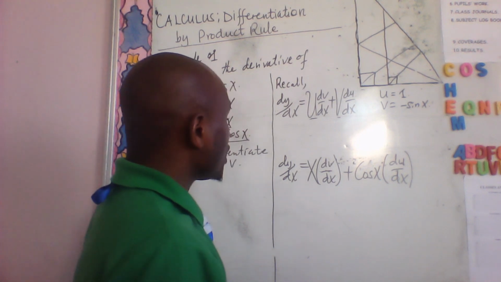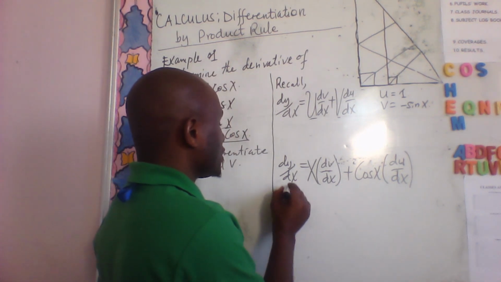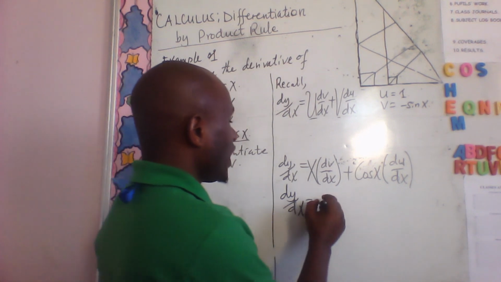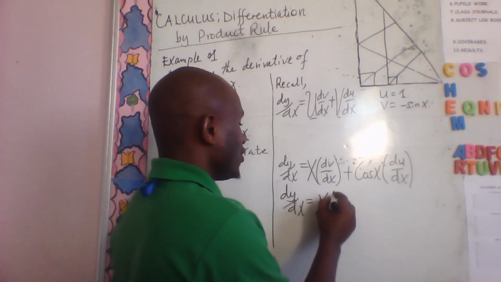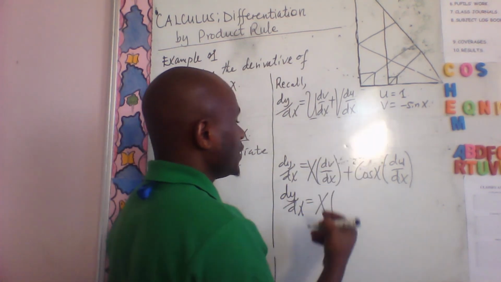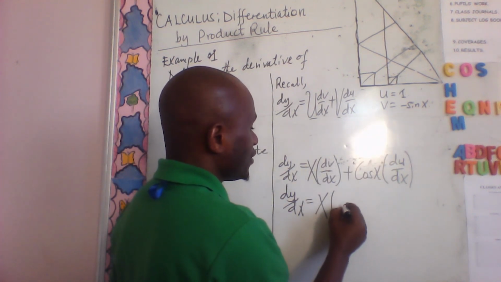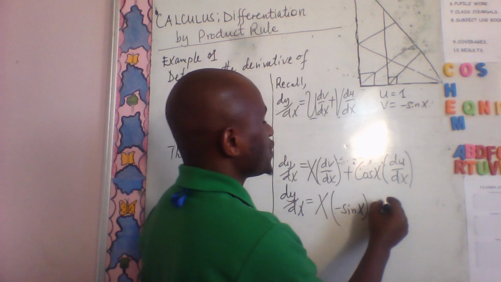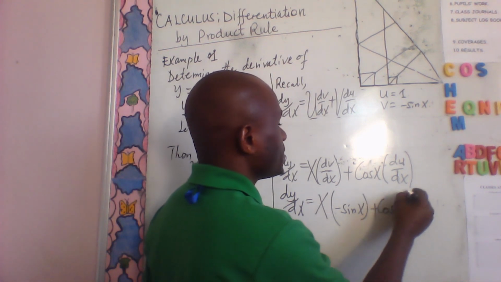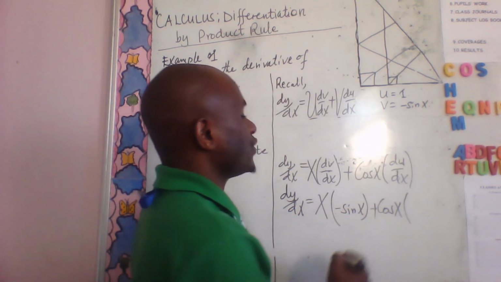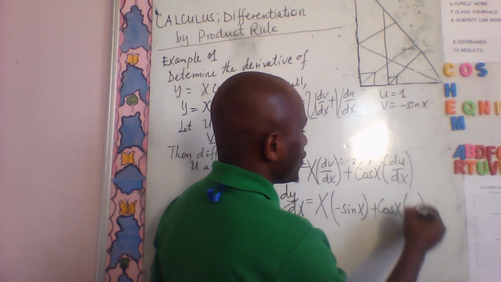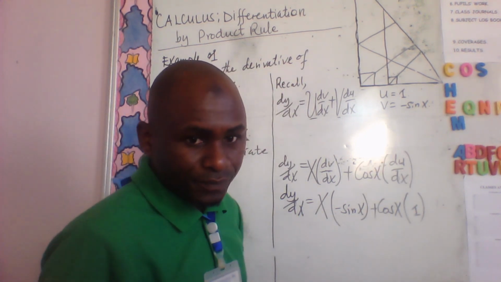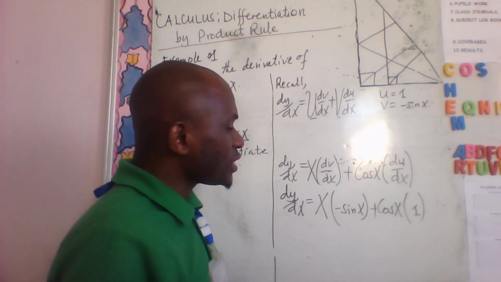So after doing that, we remember that dy over dx is equal to x times the value of dv over dx. Here it's negative sine x, plus cos x, and the value of du over dx is equal to 1. If it's like that, let us proceed.